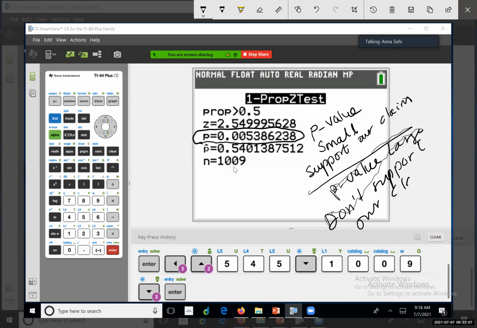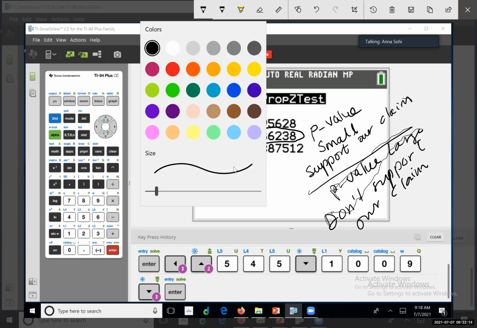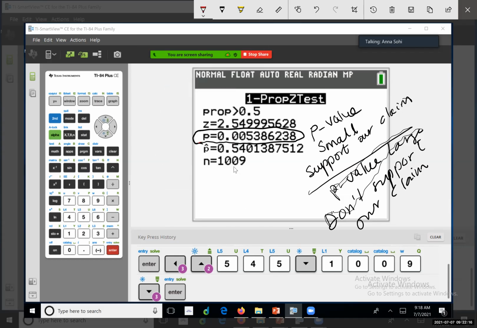Someone might ask here, how do I know if this is small or not? If they don't give any number, we compare that with 5%. So this number is 0.0053. We compare it with 0.05.